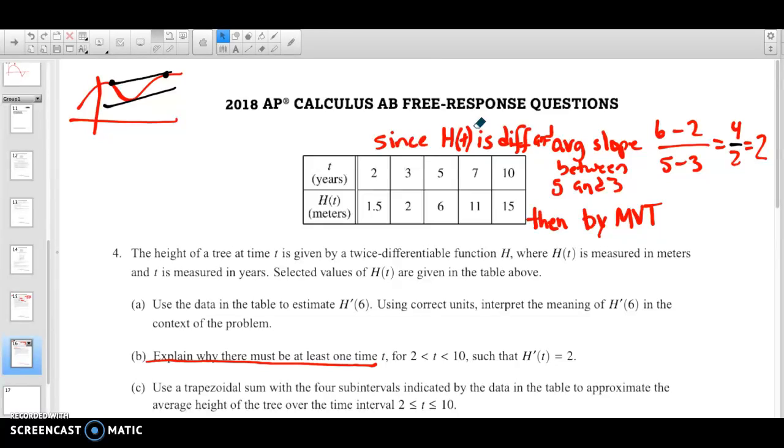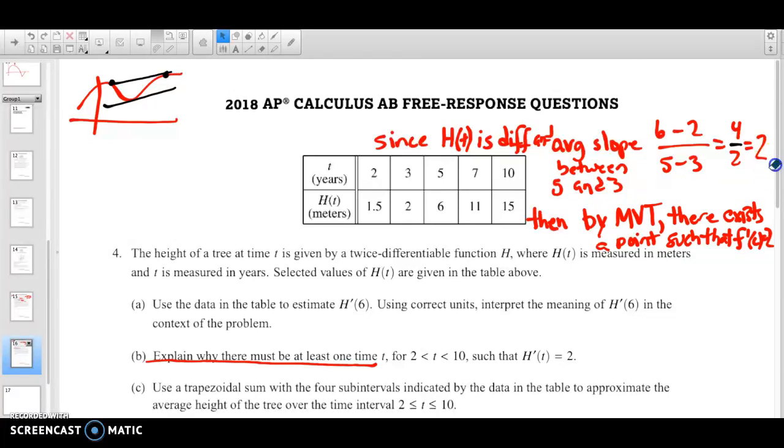I showed you the theorem yesterday. We really need MVT to prove things. Then by the MVT, there exists a point c such that h prime of c equals 2. The big thing to get the points on here is to write down the words mean value theorem.